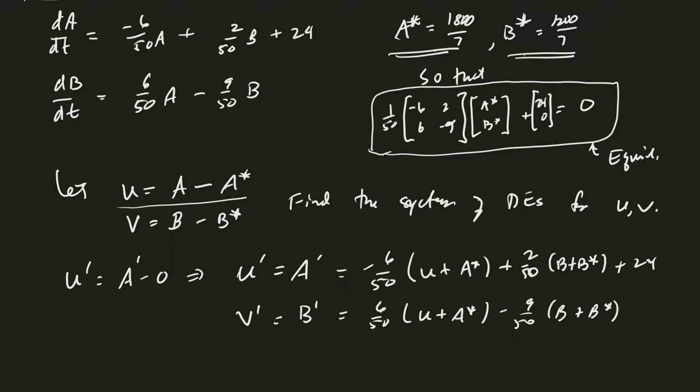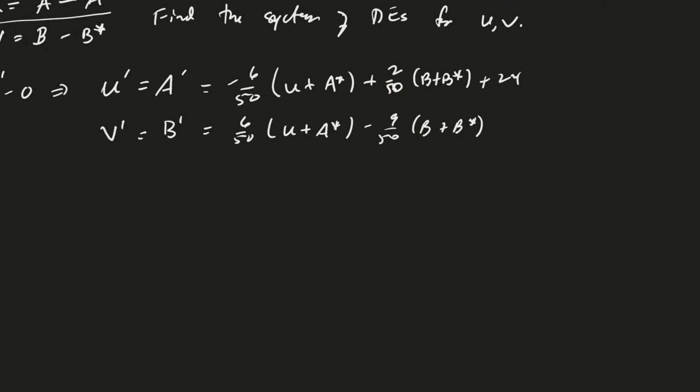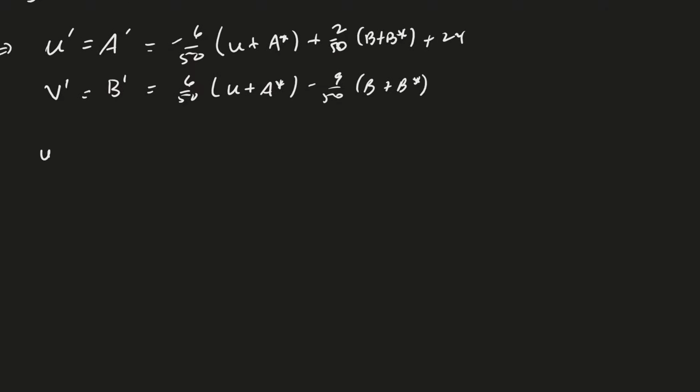plus 0. Good. Now let's simplify these differential equations here, and we get that u prime is equal to minus 6 over 50 times u plus 2 over 50 times v, plus, I want to separate this from the remainder here, and the remainder is going to be minus 6 over 50 times a star plus 2 over 50 times b star plus 24.